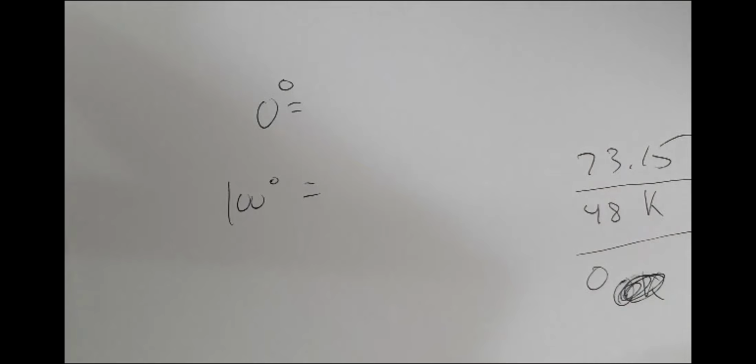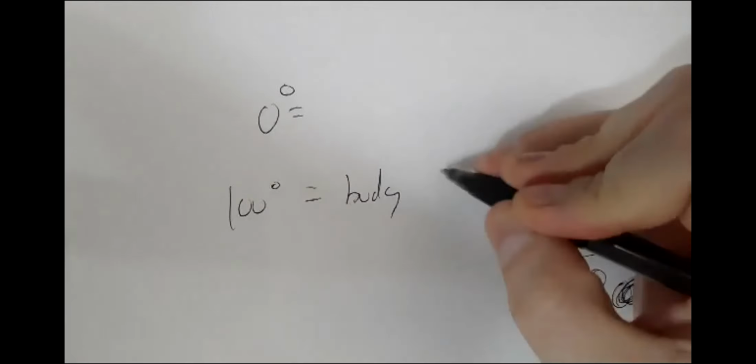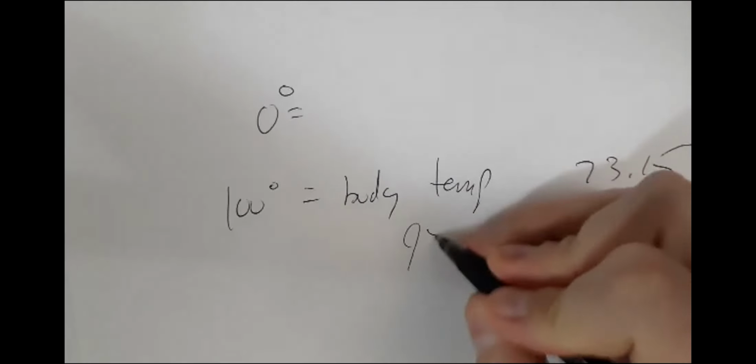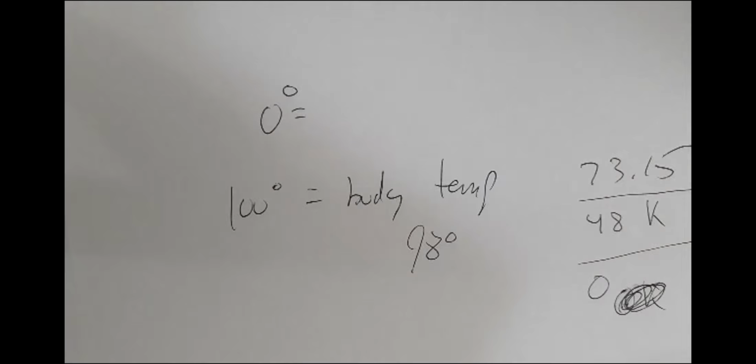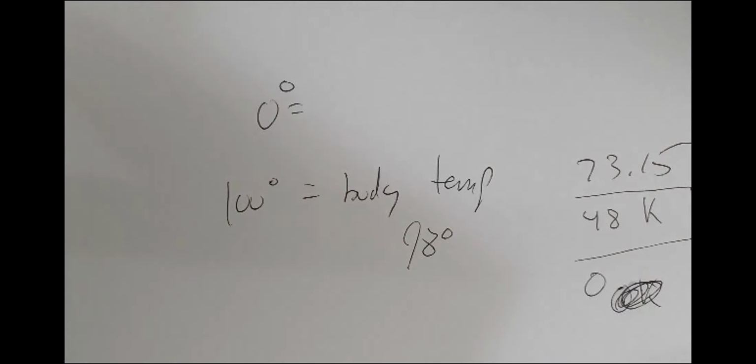But 100 degrees Fahrenheit is around body temperature, and this is kind of why Fahrenheit is kind of stupid, the way it's derived. Body temperature is 98 degrees, right?